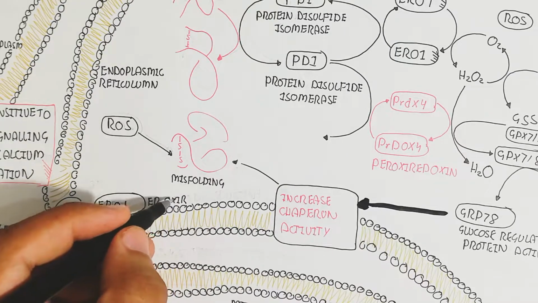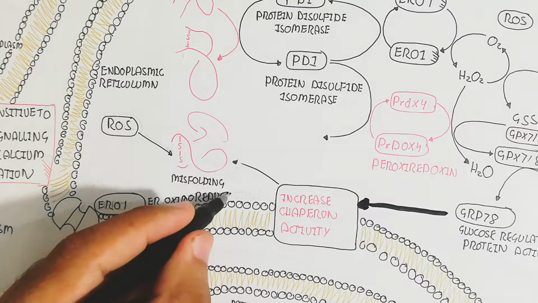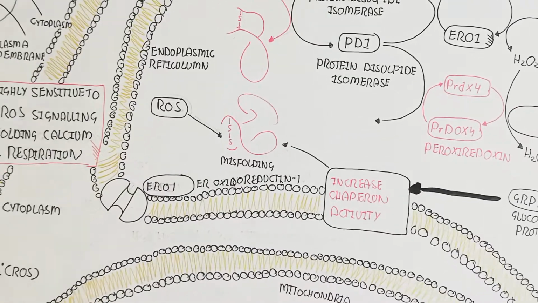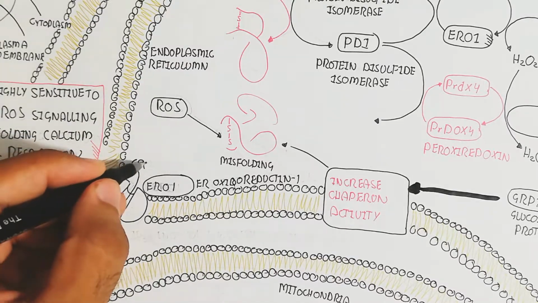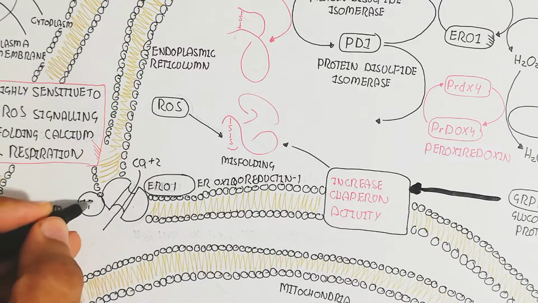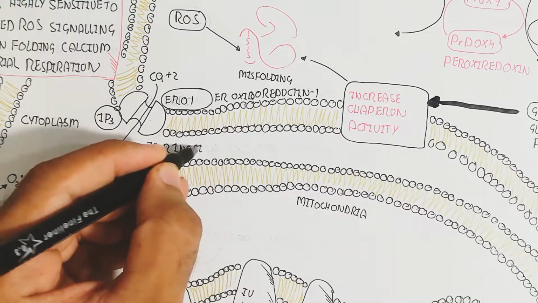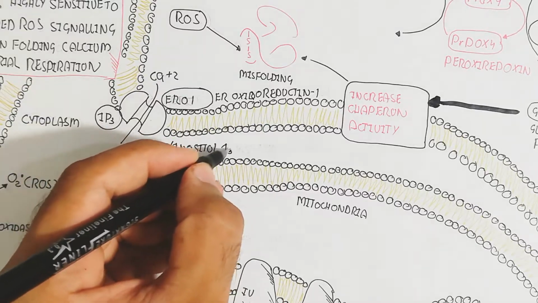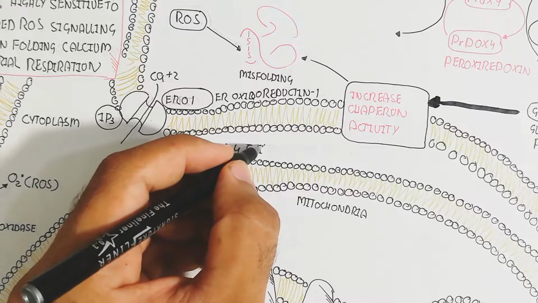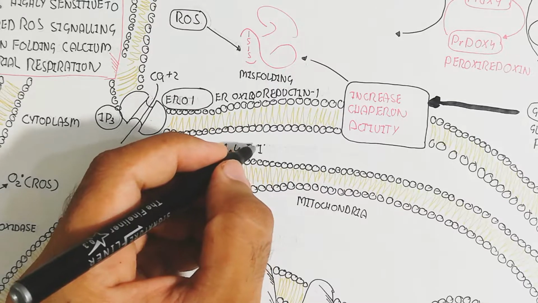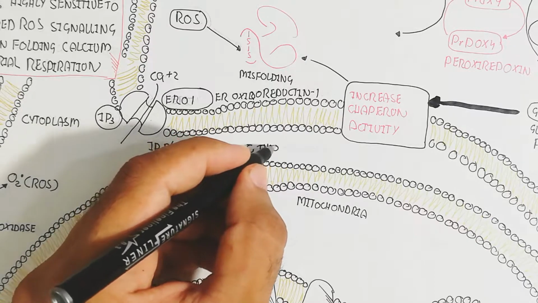While here you can see the endoplasmic reticulum oxidoreductin 1 enzyme, which will lead to calcium efflux due to the inositol 1,4,5 phosphate receptor, which requires IP3 binding to this receptor. After this binding, the efflux of the calcium is very important.